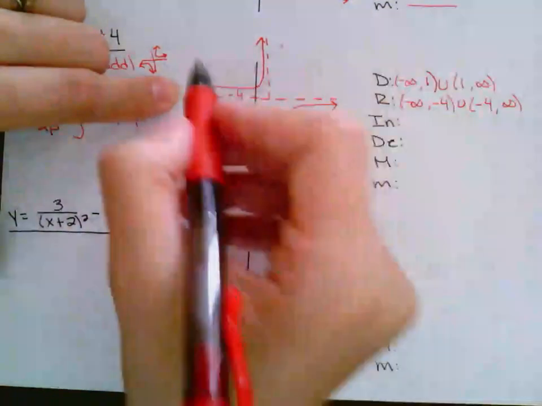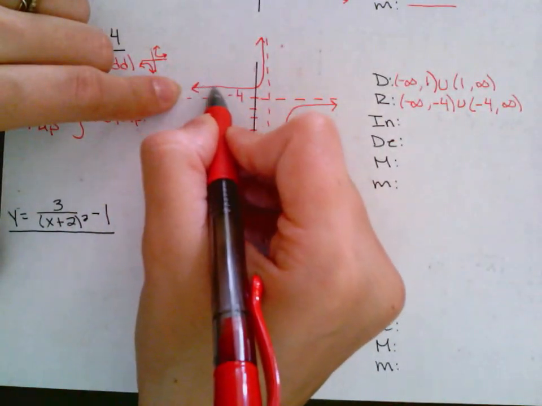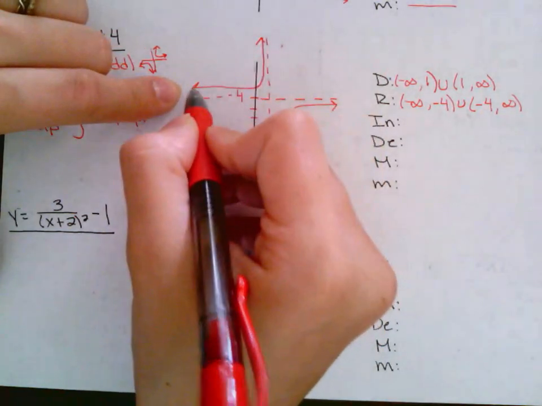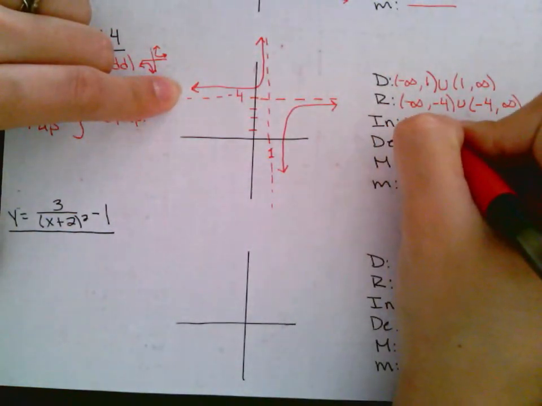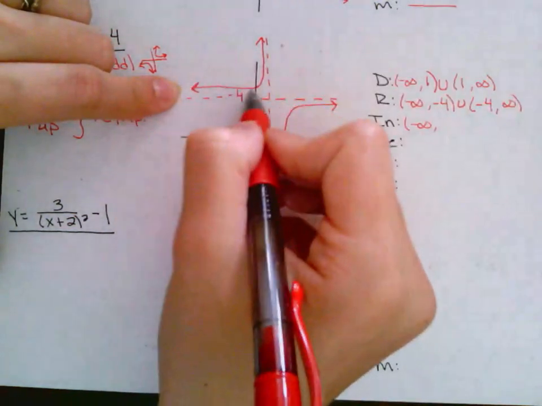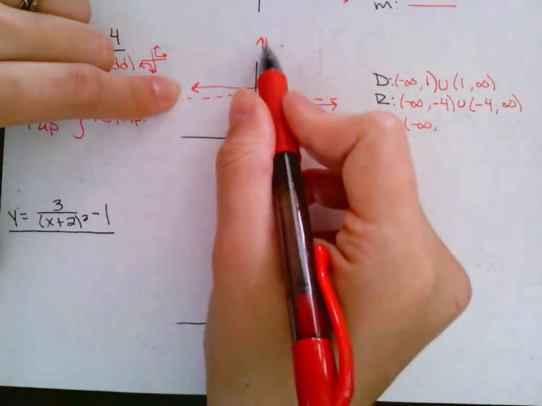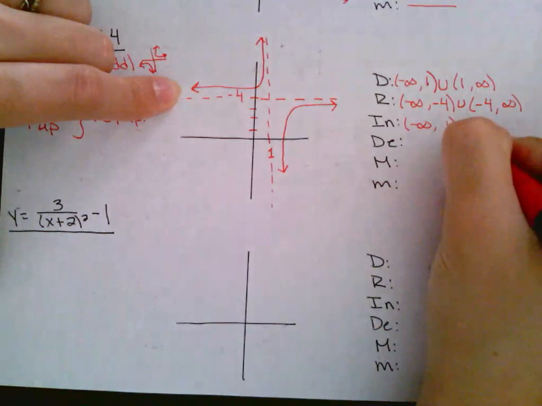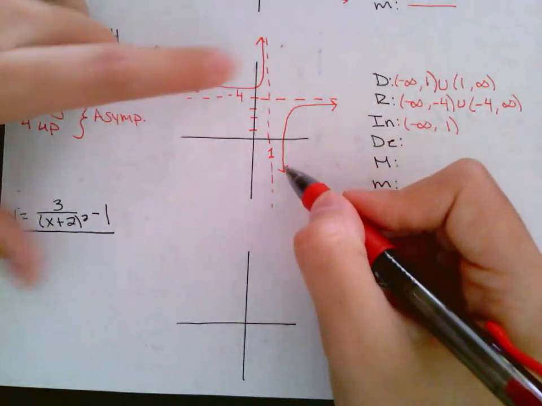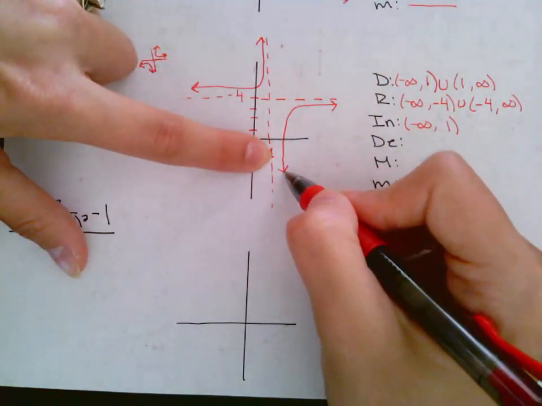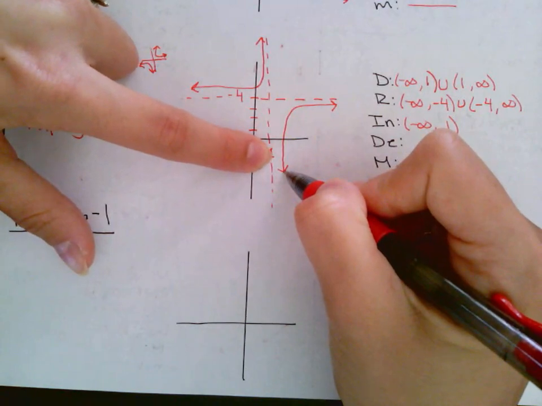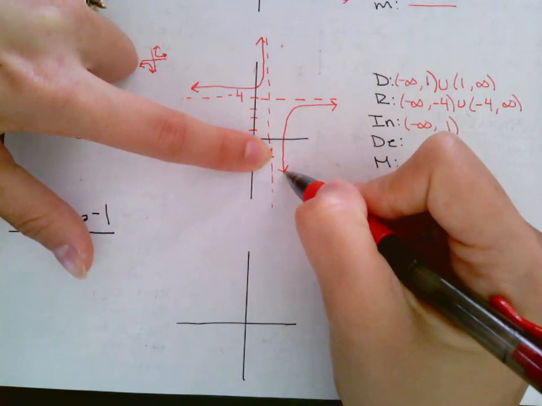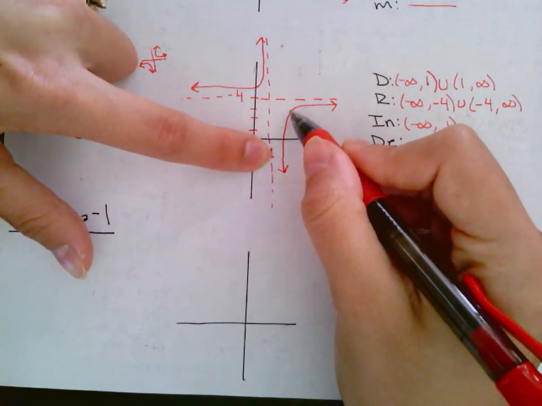Now, if I put my pencil furthest to the left and I start drawing, I am increasing. Arrow indicates -infinity. And then I stop increasing at this asymptote, which exists at 1. Then, after 1, I put my pencil furthest to the left. There's a second part here. And I draw. And I am also increasing.